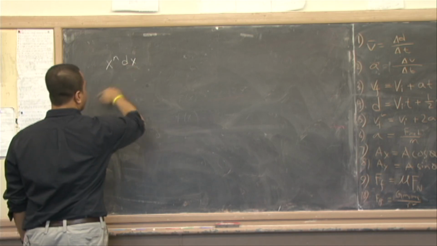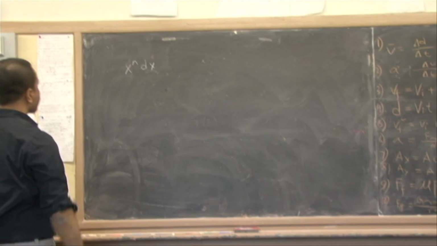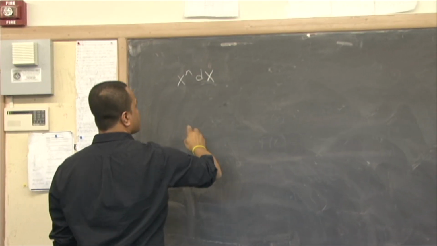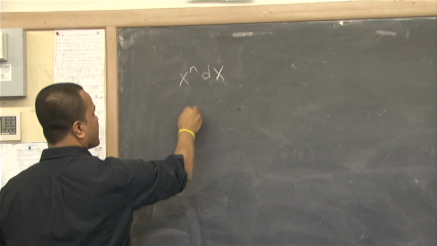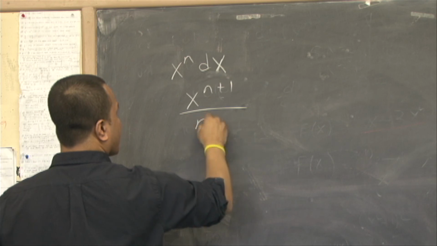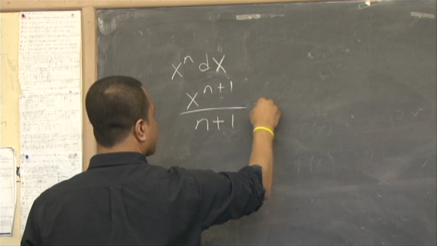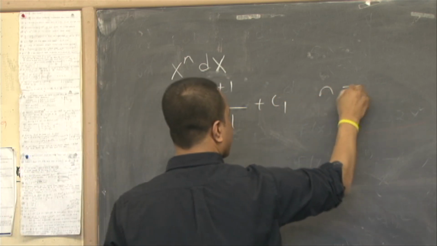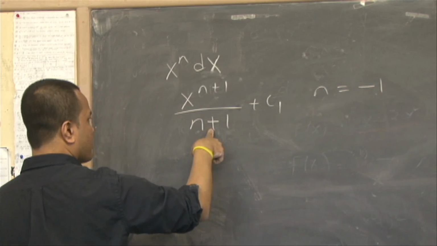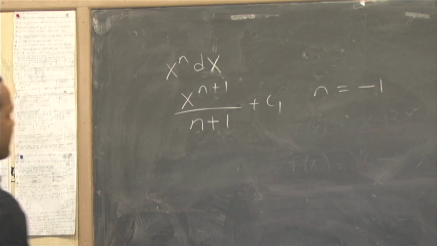We have only 5 minutes on this, so we have to finish quickly. What is the integral of x to the n? It is x to the n plus 1 over n plus 1, plus c1, and n cannot be minus 1, because if n is minus 1, then you have 0 downstairs, which is undefined.